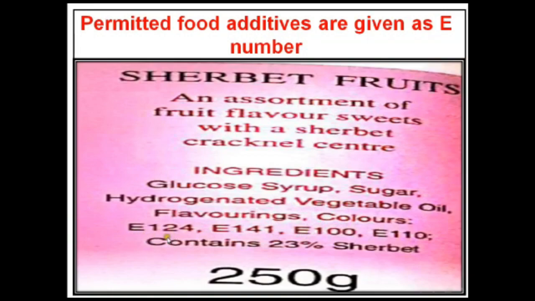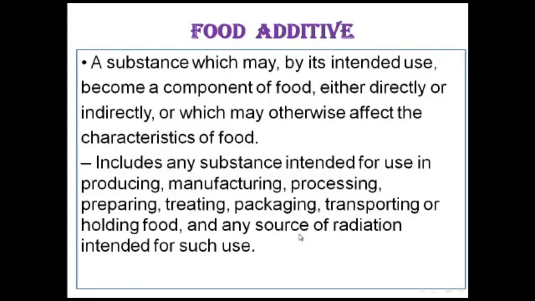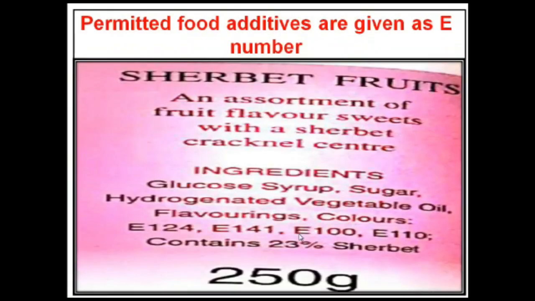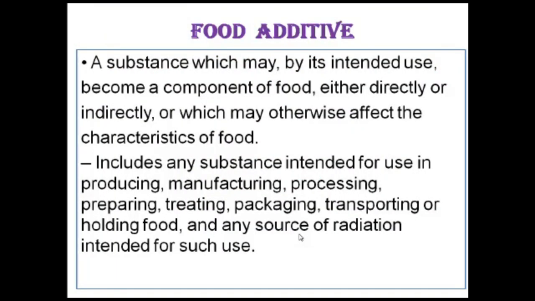Here the E numbers are E124, E141, E100, E110, contains 23% sarbat, that is 250 gram. Furthermore, these are the permitted food additives.